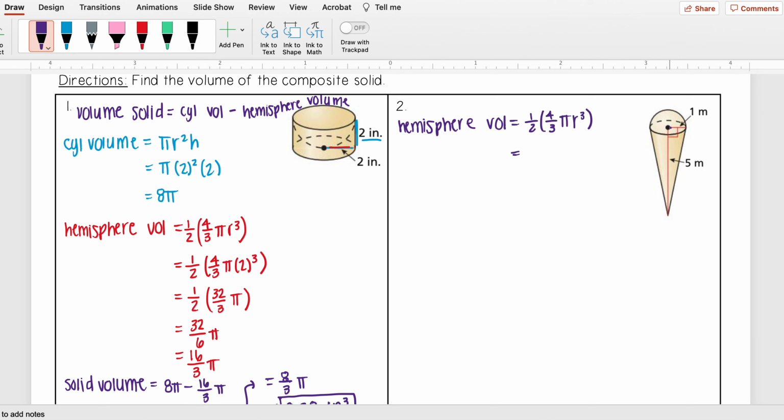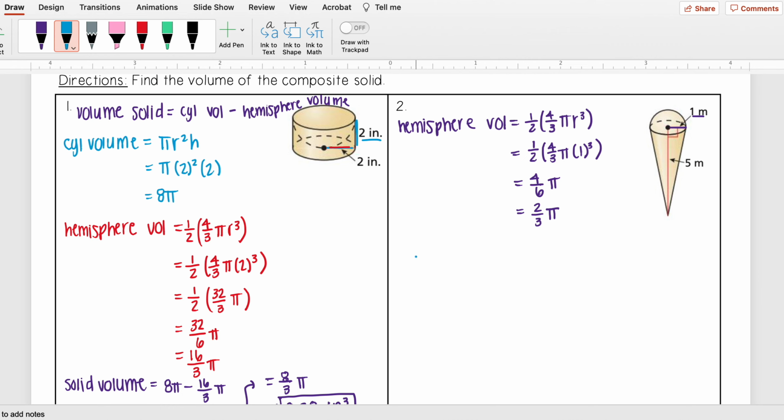My radius here is just equal to 1, so I have 1/2 times 4/3 pi 1 cubed. 1 cubed times 4/3 is just 4/3, and then 4/3 times 1/2, I get 4/6 pi. And when I reduce that fraction, I get 2/3 pi.